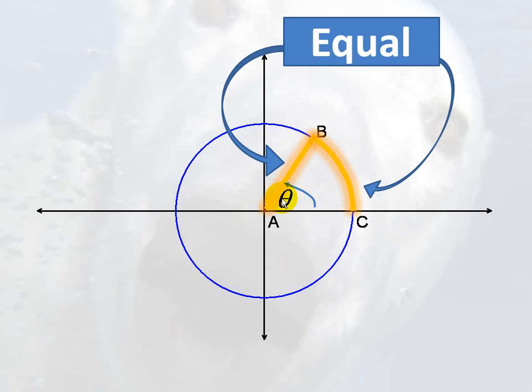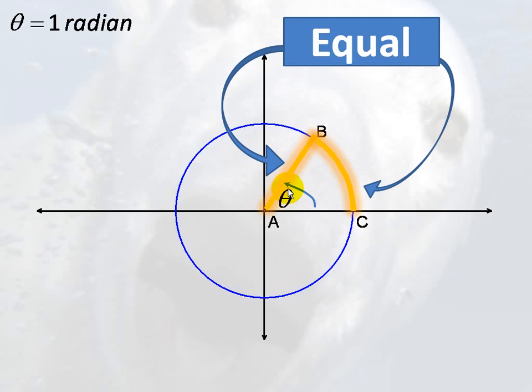Now, what I want to point out is this. When this arc length is the same as this radius length, we say that the angle formed, this central angle, is 1 radian. So that's what a radian is.